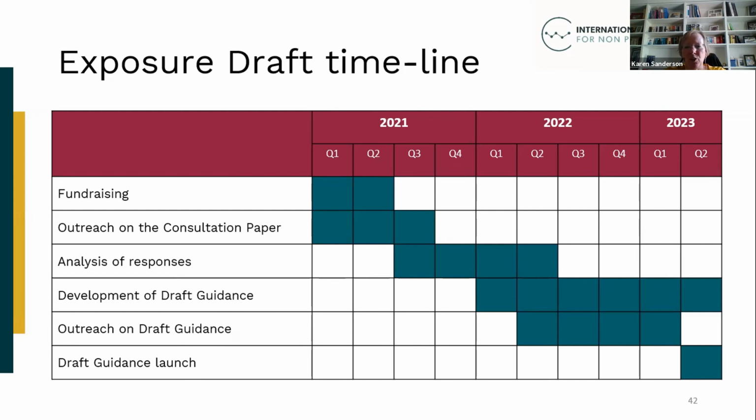Once we've had all of those responses, we'll start to analyze those, and we'll use those responses to help us develop the draft guidance. Our plan is to keep the outreach going through 2022 so that we can continue to talk to you about how we're developing the approaches for the draft guidance. So a lot to do over the coming couple of years.